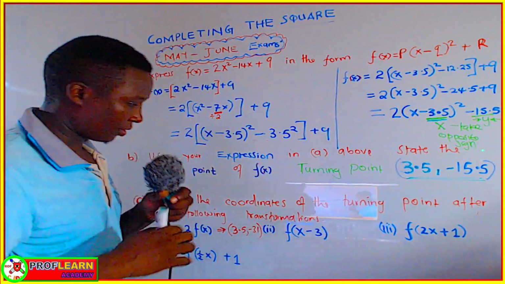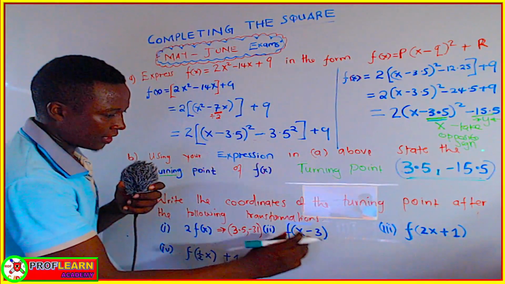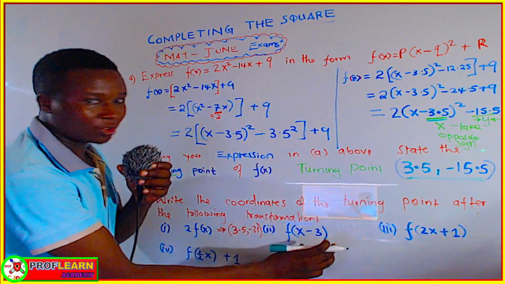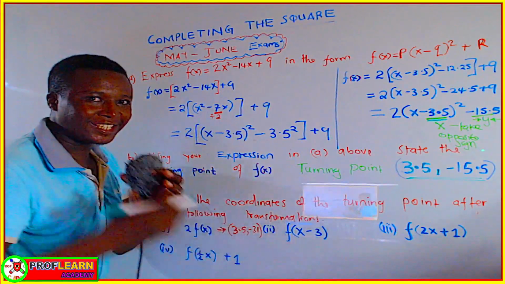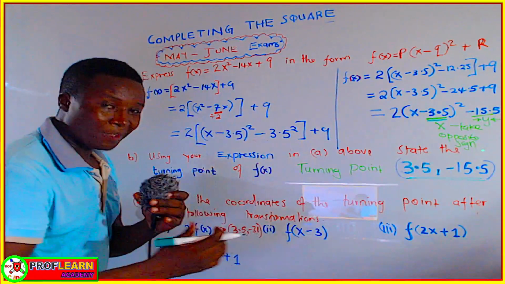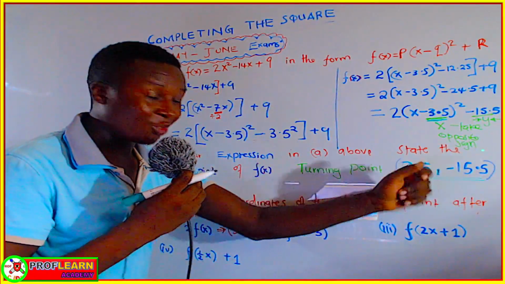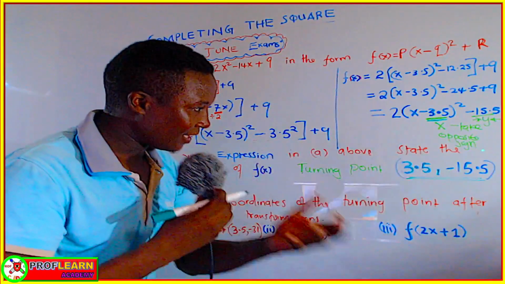We are having f of x minus 3. So you see this transformation is taking place inside the bracket. And when it's taking place inside the bracket, it means only x values are going to be affected. The y values are going to remain the way they are.